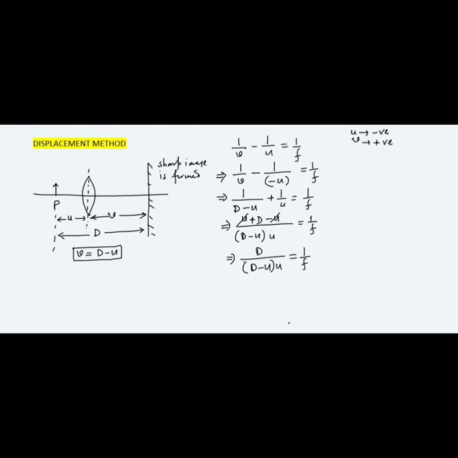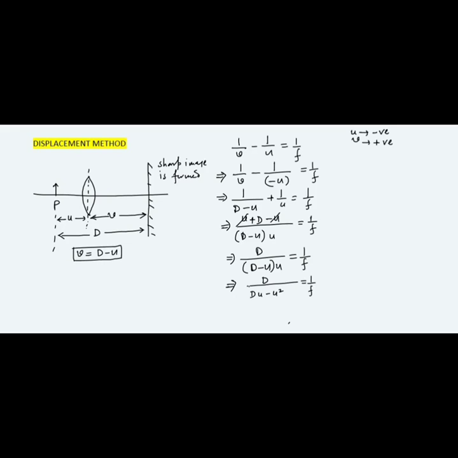So this gives us D upon Du minus u square is equal to 1 by f.